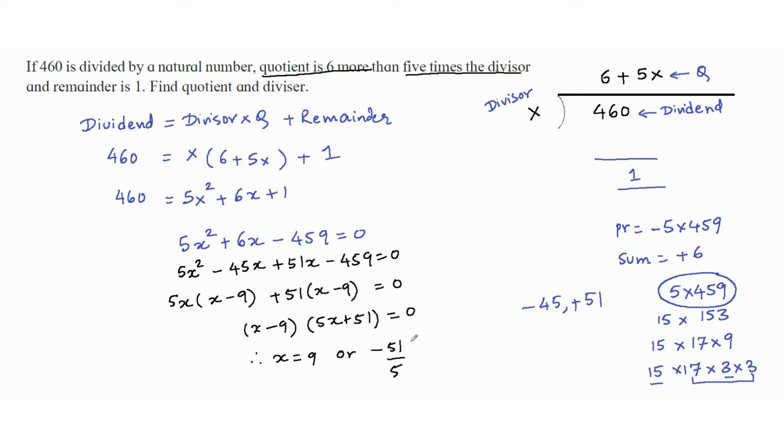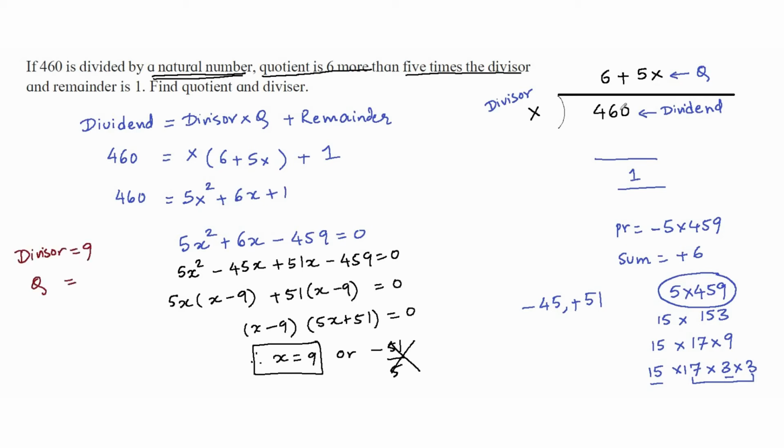Again, we don't want a negative number because it is divided by a natural number that is given to us, which means x has to be 9. So x is the divisor, and the divisor is going to be 9.